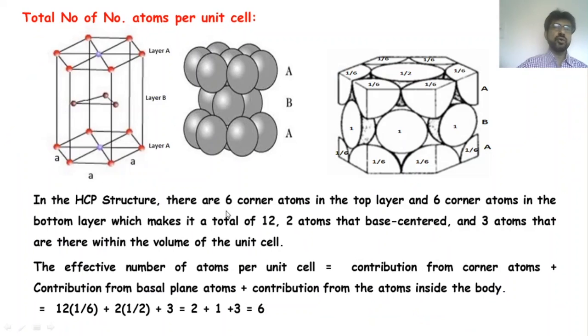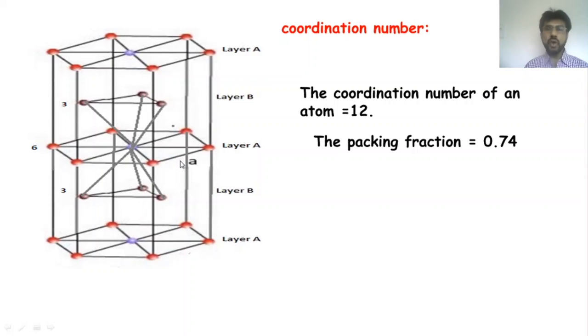So like this hexagon and this hexagon, it forms the one unit cell, and that is the unit cell of the HCP type of structure. There are 6 atoms present in the unit cell. Its coordination number is 12 and its packing fraction is 0.74.